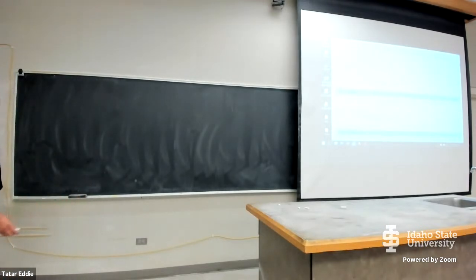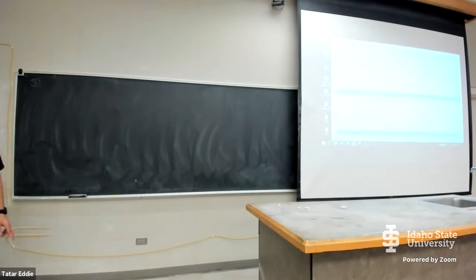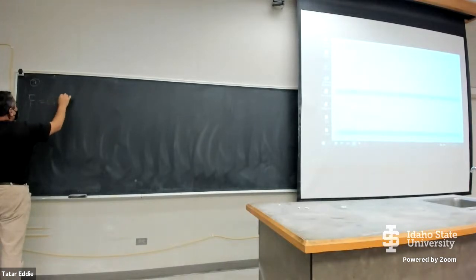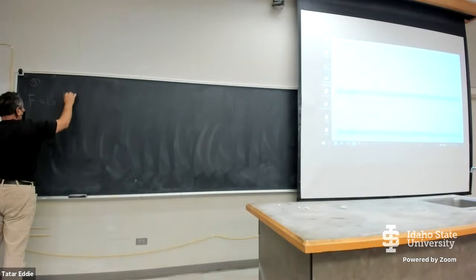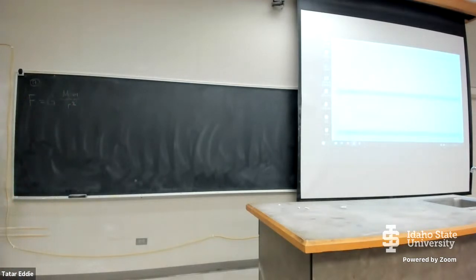Problem 17 in the homework assignment is a direct application of Newton's law of gravitation, the universal law of gravitation, which says that the attractive force between two objects is the gravitational constant times the mass of one object times the mass of the second object divided by the distance between them squared.